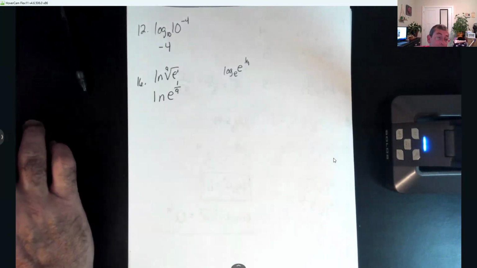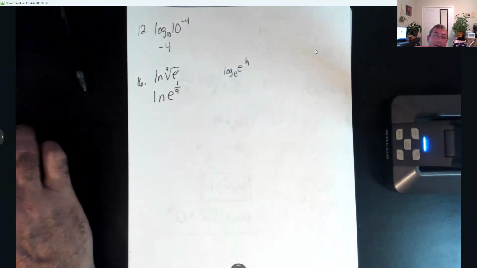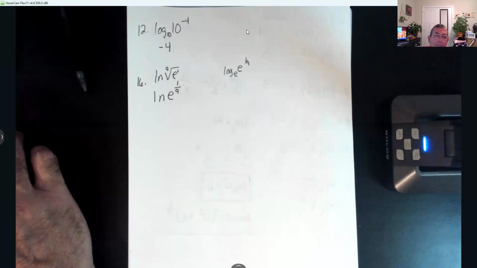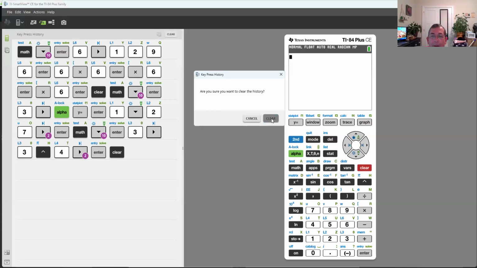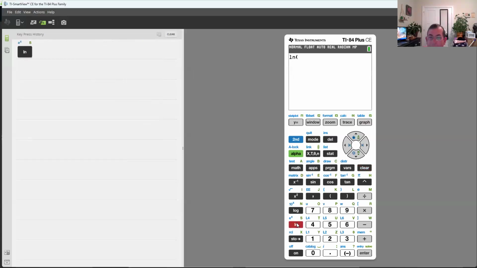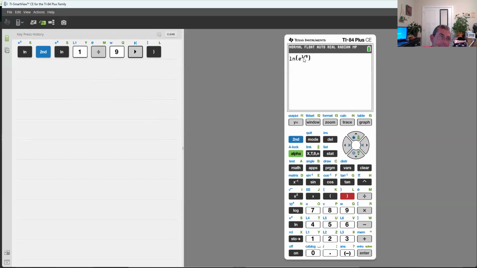And y'all, really on this one, you can punch that in on the front of your calculator, because the front of this calculator has that LN button right there. So I can hit LN, and then I'm going to hit second LN to get the E with the exponent. And my exponent was 1 divided by 9. And then I'm going to arrow down and shut my parentheses. Now you could have done the 1 divided by 9 and made it look like a fraction if you wanted to.